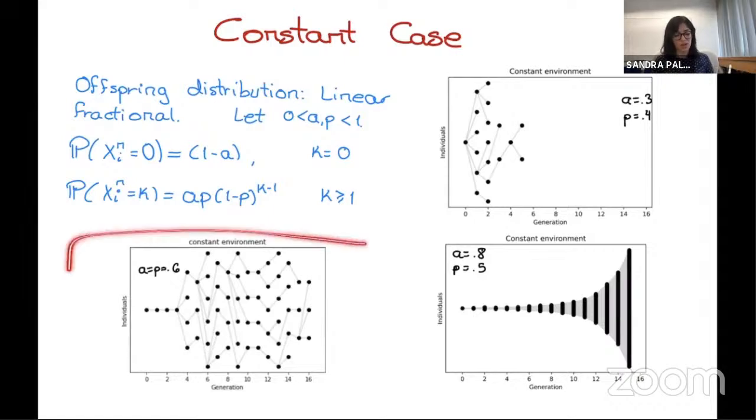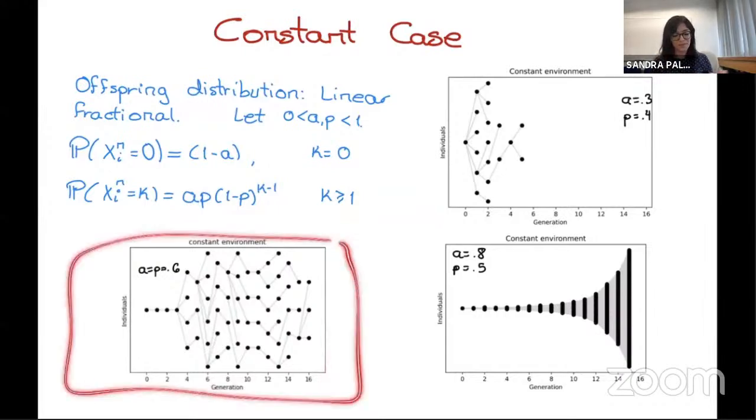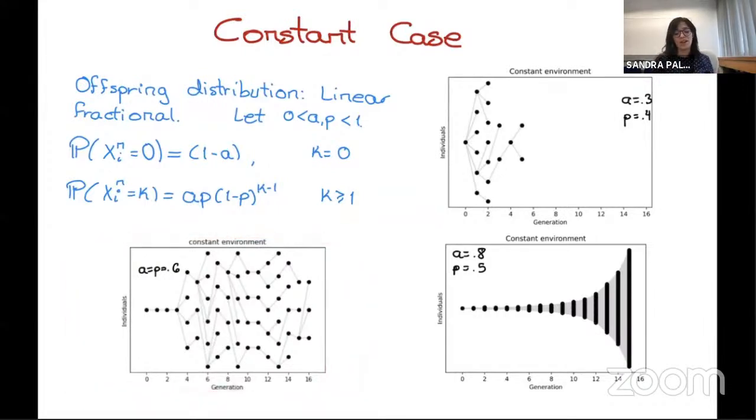So it will also go extinct, but like we will see in this form. And finally, when A is bigger than P, we are in the supercritical regime, and that means that we can have extinction, but in the cases where we don't have extinction, our process will grow exponentially fast. You can see here, we start with one individual, and quite fast, it has a lot of individuals.